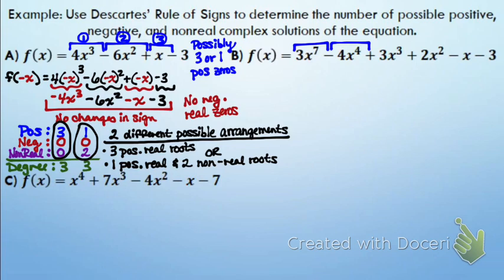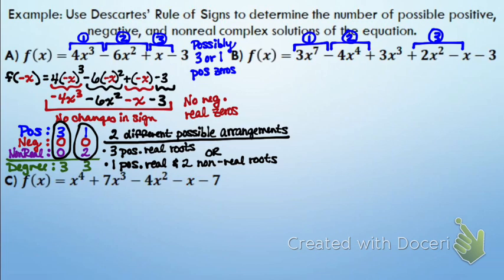If you're using, you know how you subtract by 2? If you have 2 possible outcomes, you can subtract by 2 and get 0, right? So I've got one change here where it goes from positive to negative. I've got another change here where it goes from negative to positive. Right here is my third change, but then these last 2 are both negative, so that's not a variation in sign.